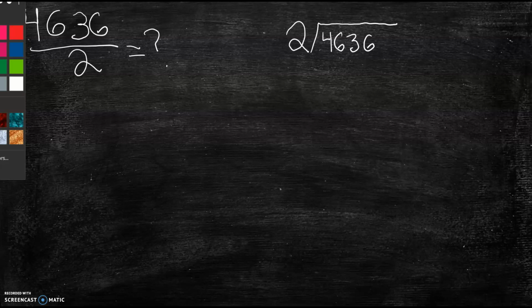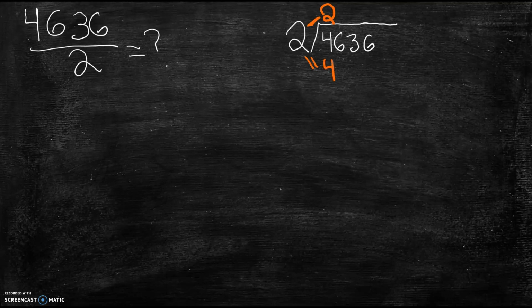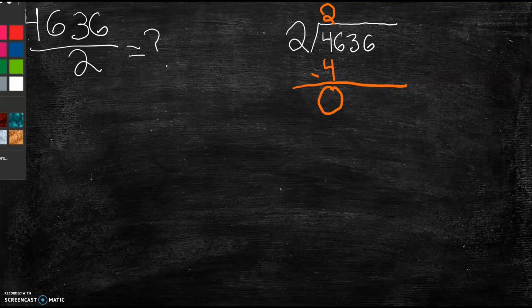So where do we put the 2? Up above the number 4. Because 2 times 2 equals 4. All right, draw a line across. 4 minus 4, 0. All right, so then we know, time to bring Mr. 6 down.